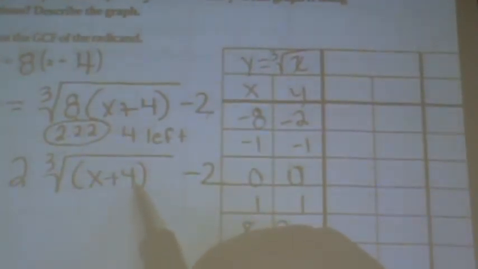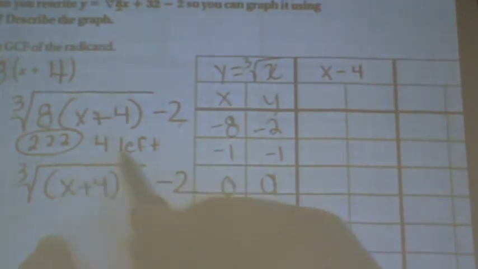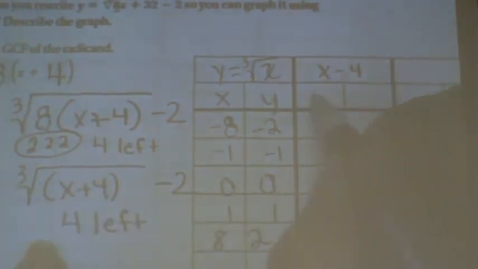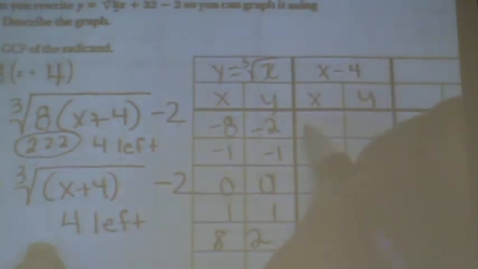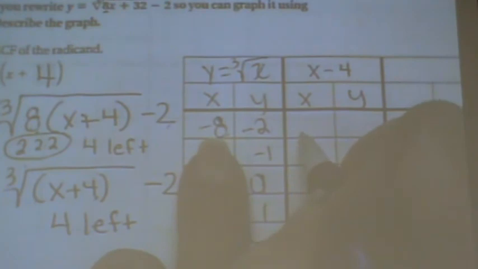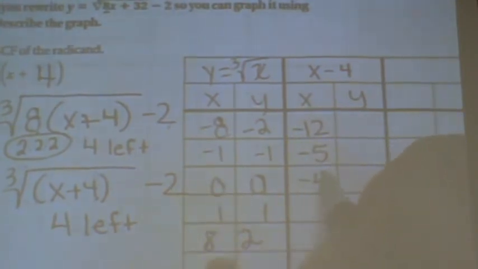We have to subtract 4 from x. Can you please do that? You're going to take all your x values and you're actually going left 4. This is 4 left, so we subtract 4. So what are my new x values if I bring these all over to the left 4? -12, -5, -4, -3, and positive 4. Good.